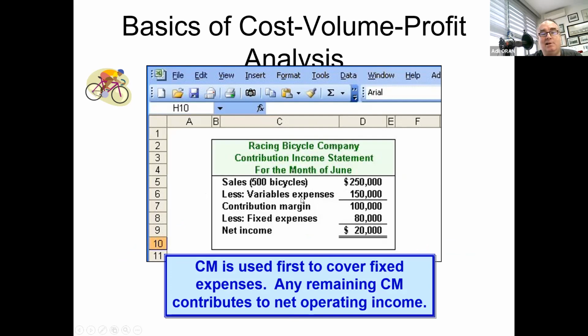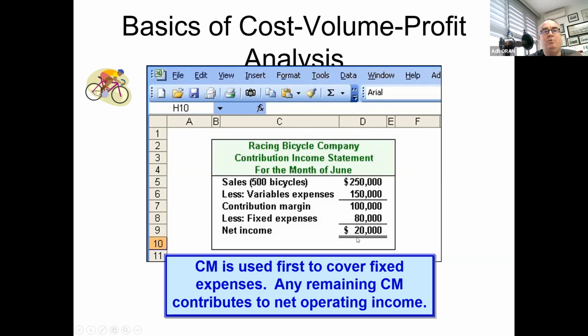If each bicycle costs us $300, then those 500 bicycles create a variable cost of 150,000, which leaves a contribution margin of 100,000. So if the company has fixed expenses of 80,000, that means that our net operating income would be 100 minus 80, 20,000.